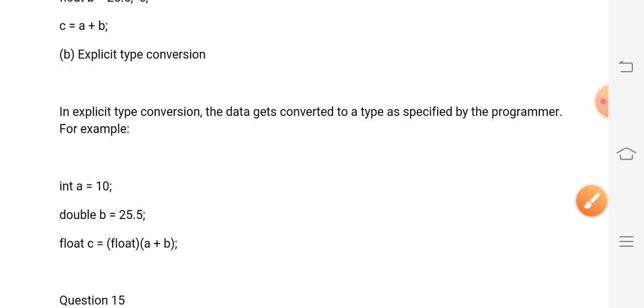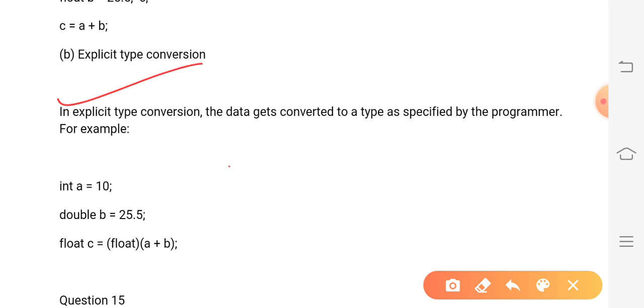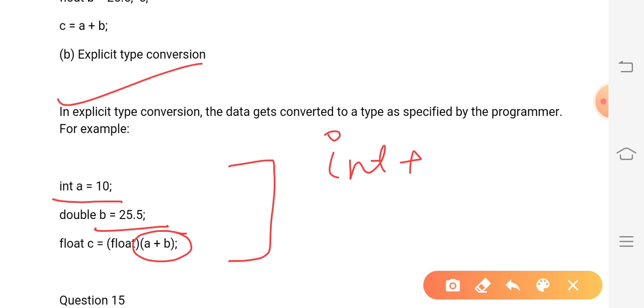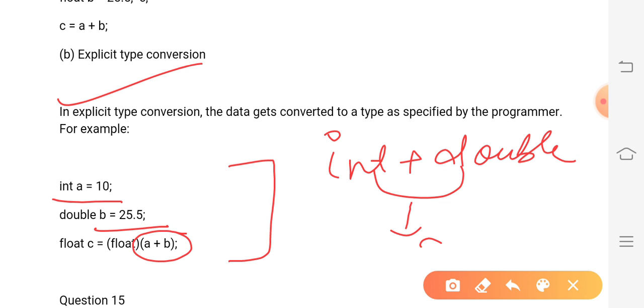Moving on to next, explicit type conversion. Here is the definition and one example. What do we have to do in explicit? Look here. Now A I have taken integer type, B I have taken double type, and if you perform the operation A plus B, integer plus double, answer will be in double, obviously.